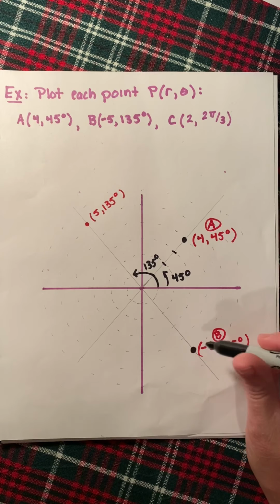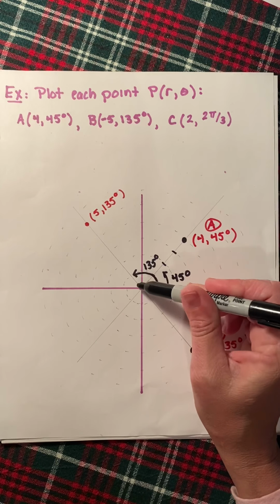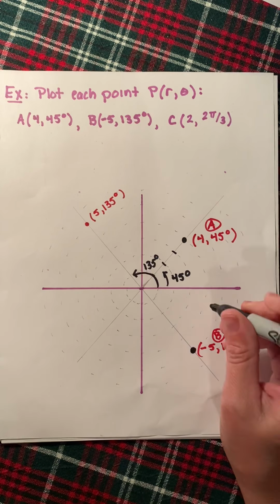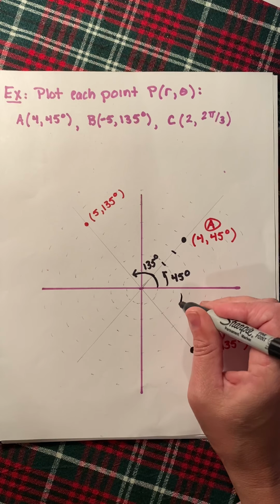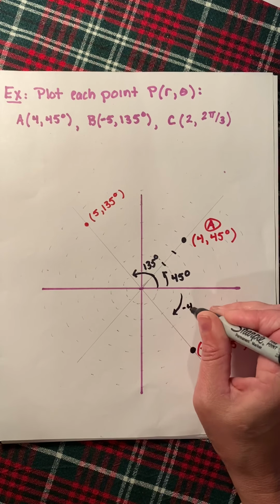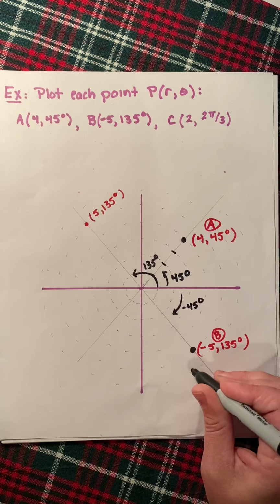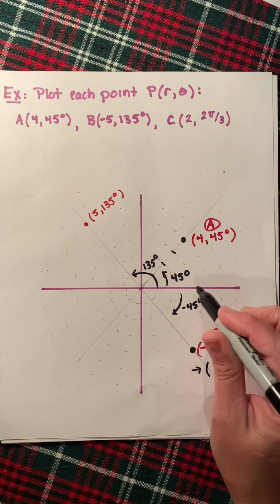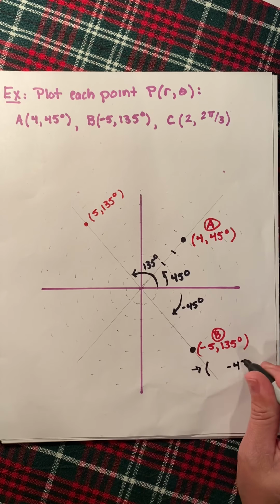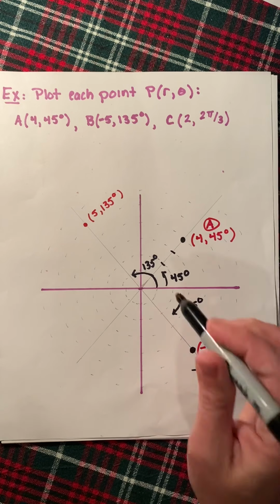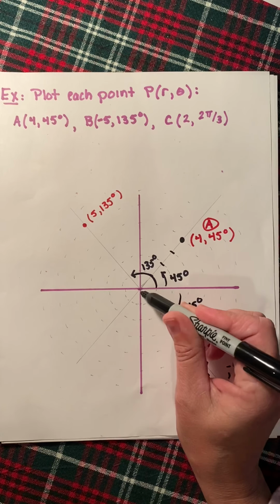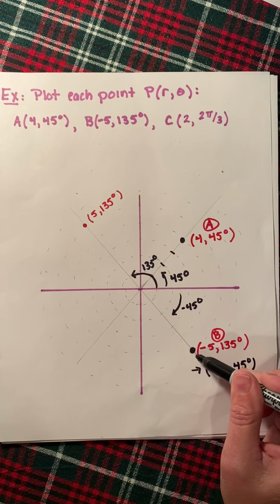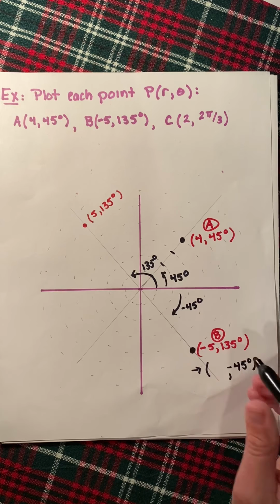With this point, notice, I can go 135 degrees and then go down 5 units, or I could have gone this way. That's -45 degrees. So this point could also be written with -45 degrees as my angle, but this time the point falls on the terminal side of -45 degrees.